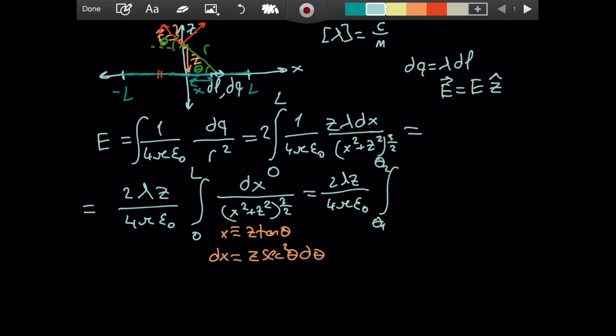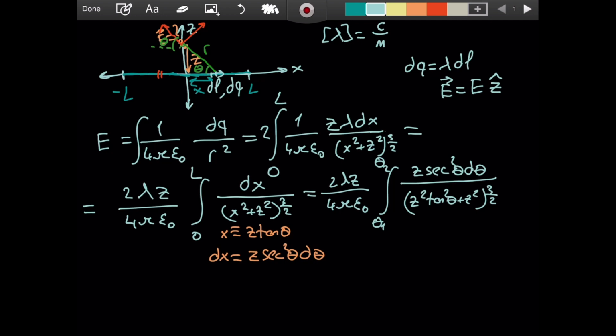So now for dx, I'm going to substitute z secant squared theta d theta over z squared tangent squared theta plus z squared to the power of 3 over 2, right? I just substituted for x.